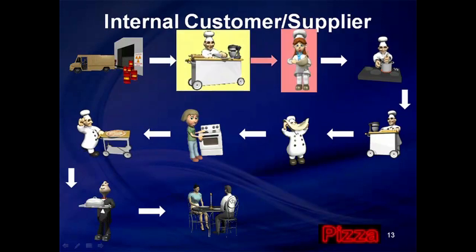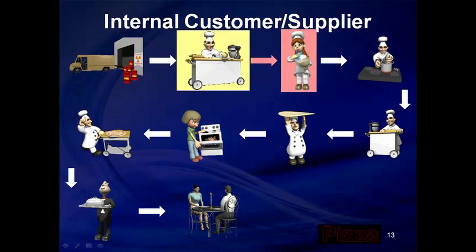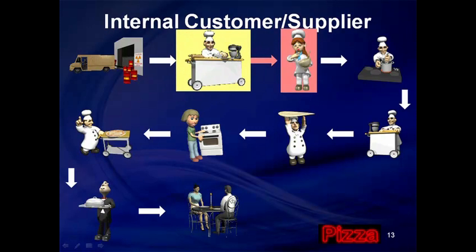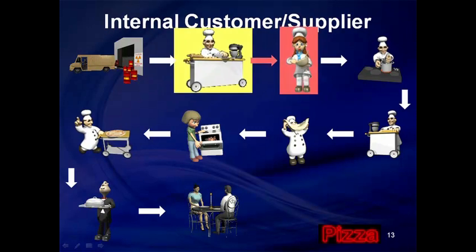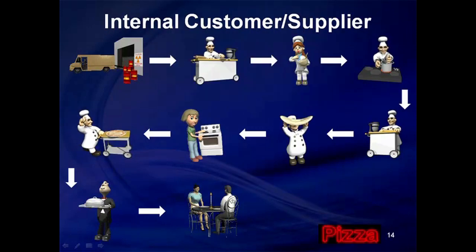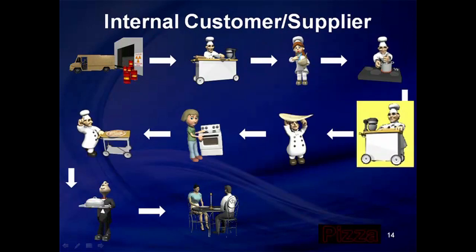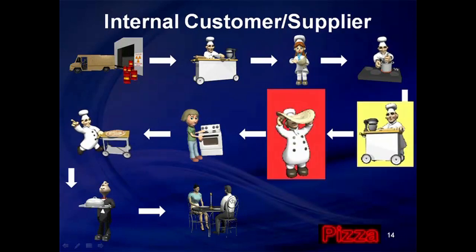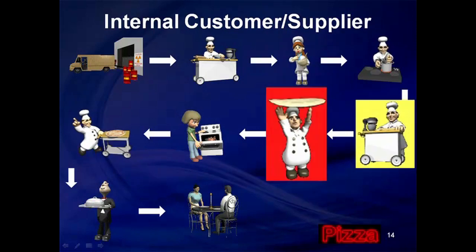So in this example, the first chef is the internal supplier to the second chef, who in this case would be the internal customer. The same is true throughout the process. Those feeding the next step are considered internal suppliers, and those receiving product from preceding operations are considered internal customers.